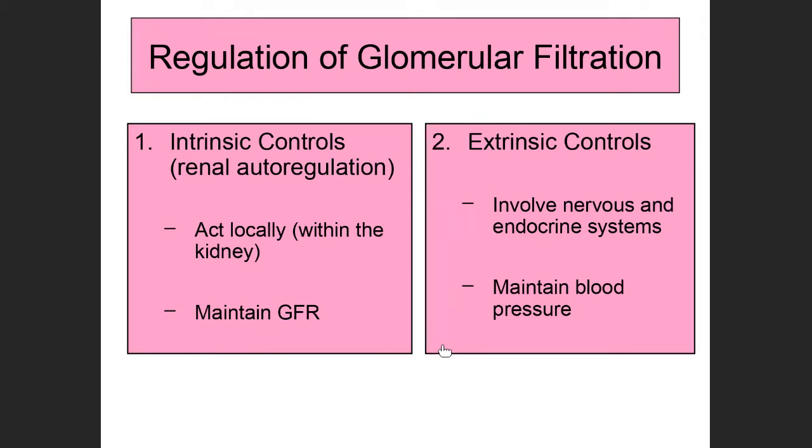Actually, what we see happening in situations where blood pressure becomes too high or too low is that the nervous system and the endocrine system get involved, and they either increase the amount of filtrate being produced to help with blood pressure if it's too high, or decrease the amount of filtrate being produced to help with blood pressure if it's too low. But these extrinsic controls are going to maintain blood pressure and not worry about keeping the filtration rate where it normally is if there's a blood pressure problem in the body.